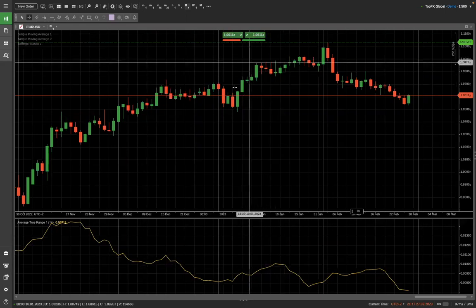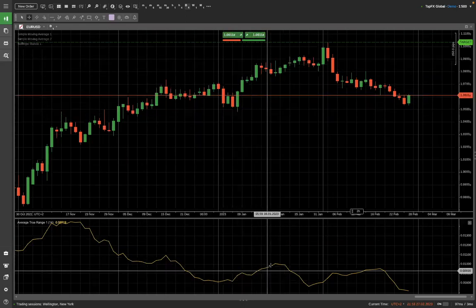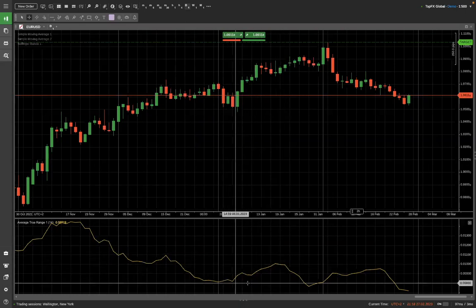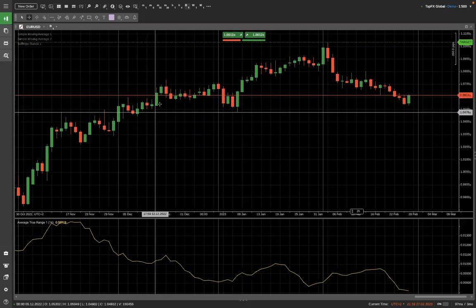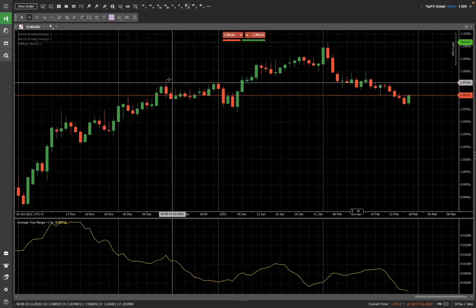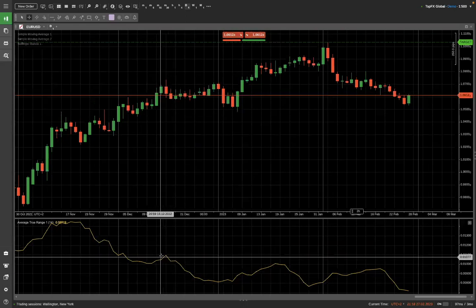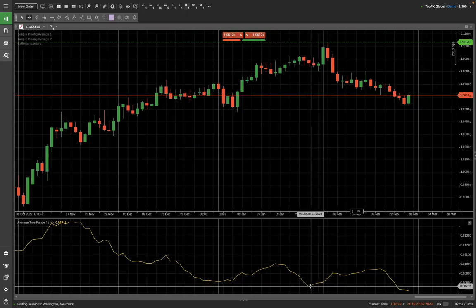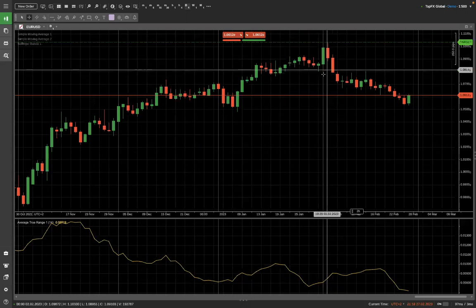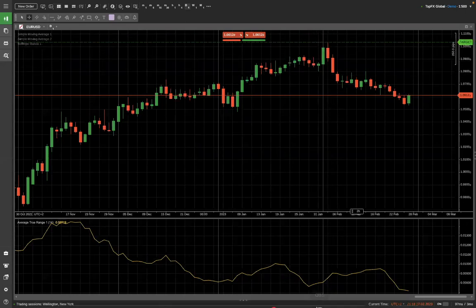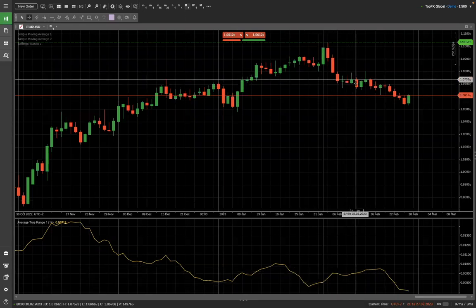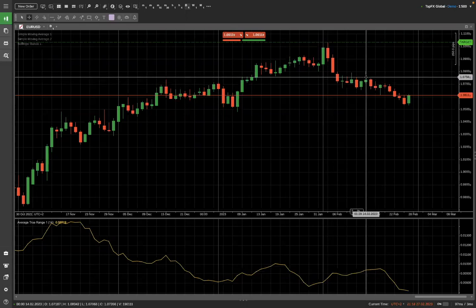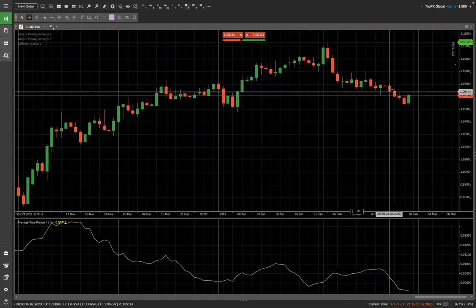As you can see, there was an increase of the trading range here, which is why this upward movement on the indicator has happened. There was an increase in average true range traded by the market daily here, for example, right? And there was another increase of the average true range here, which is why the indicator went straight up. But right now, as you can see, the trading range from the current high to current low is very, very narrow, very low.